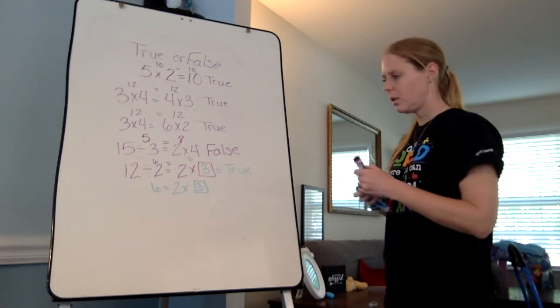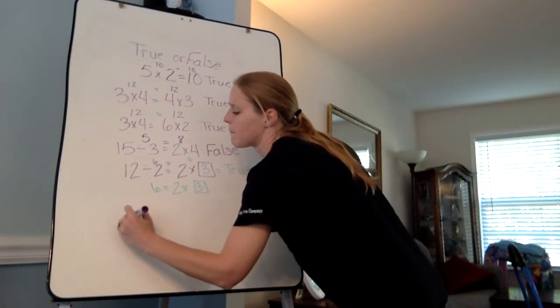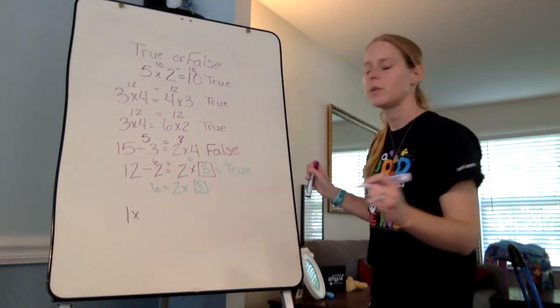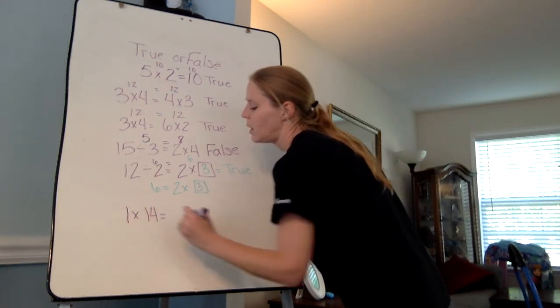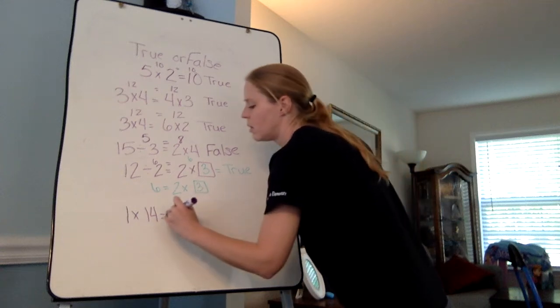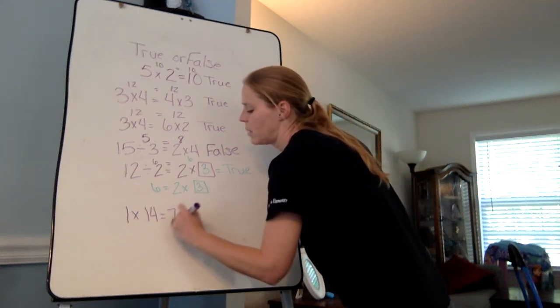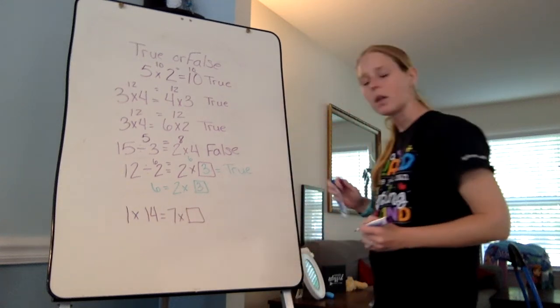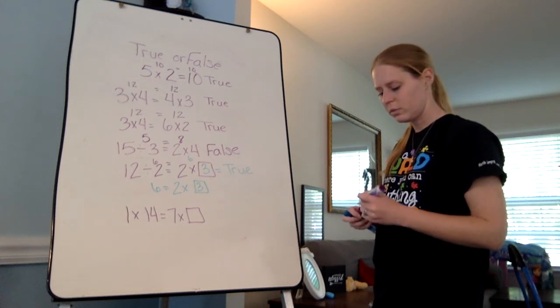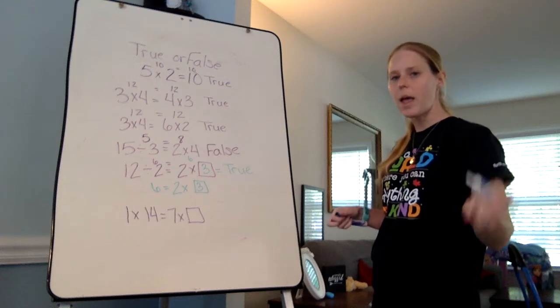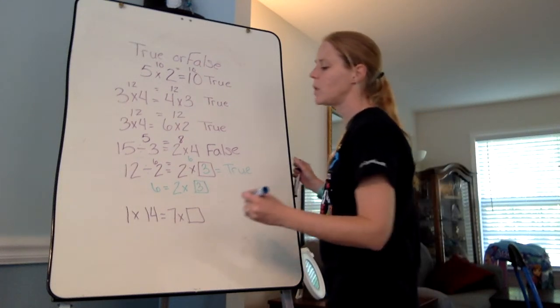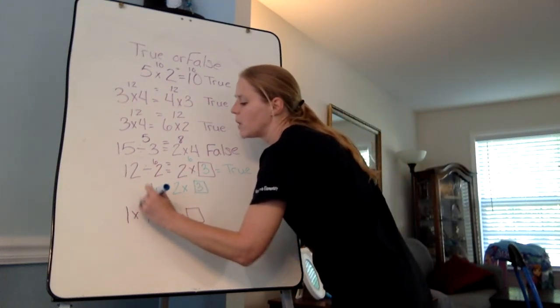So let's do 1 times 14 equals 7 times something. I want to take this and make it true. 1 times 14 equals 14, because anything times 1 equals that number.